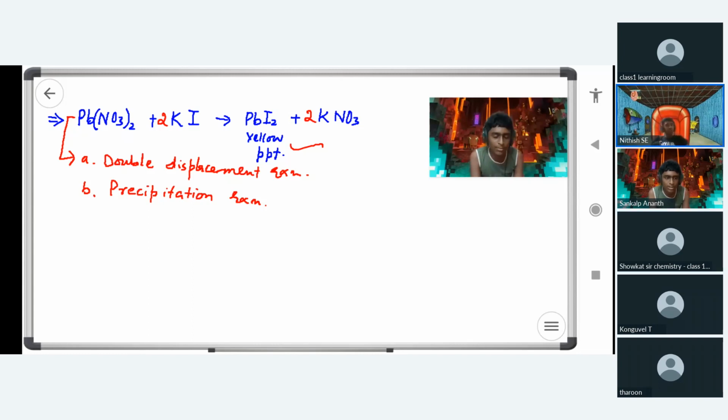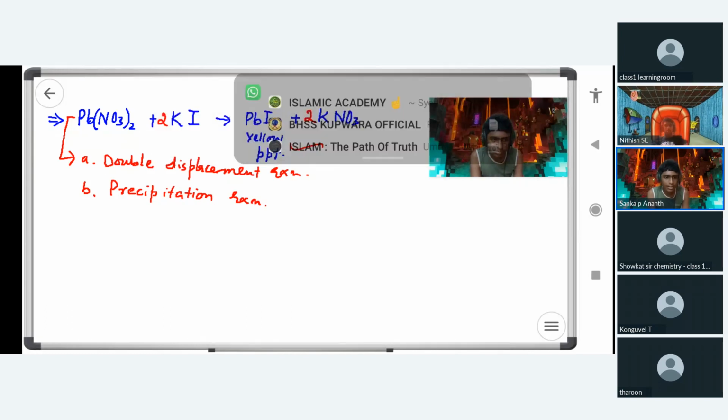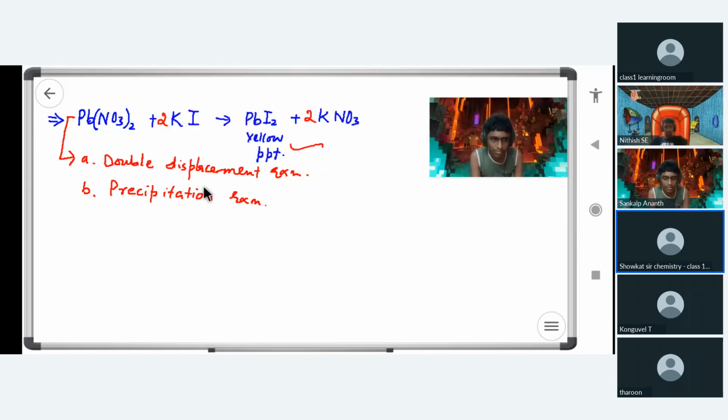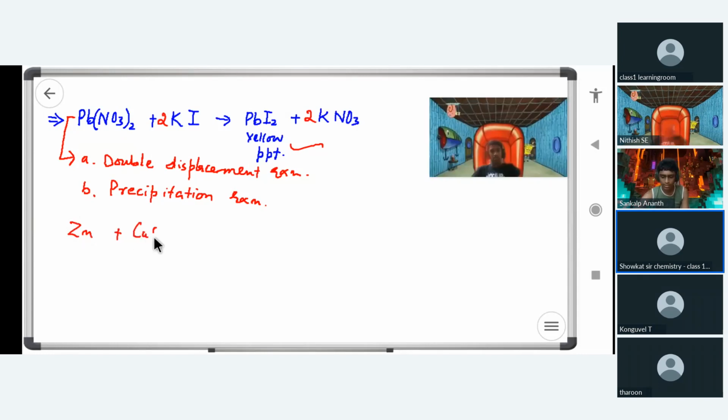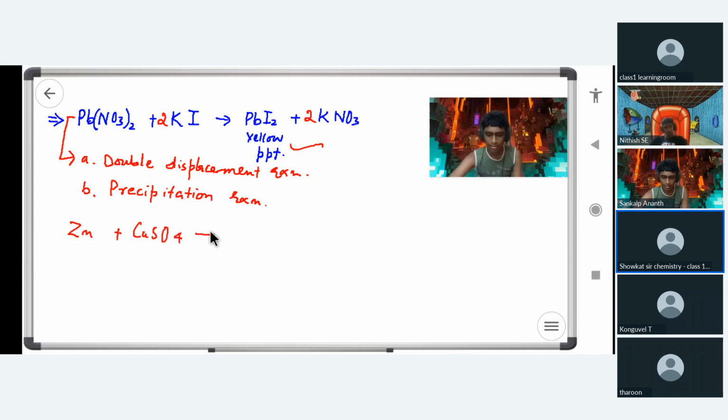See, I have told you that, for example, if you have zinc and it reacts with copper sulfate, this type of reaction is used to produce electricity because zinc easily loses the electron, and copper can easily gain that electron. Are you getting? Yes, sir.